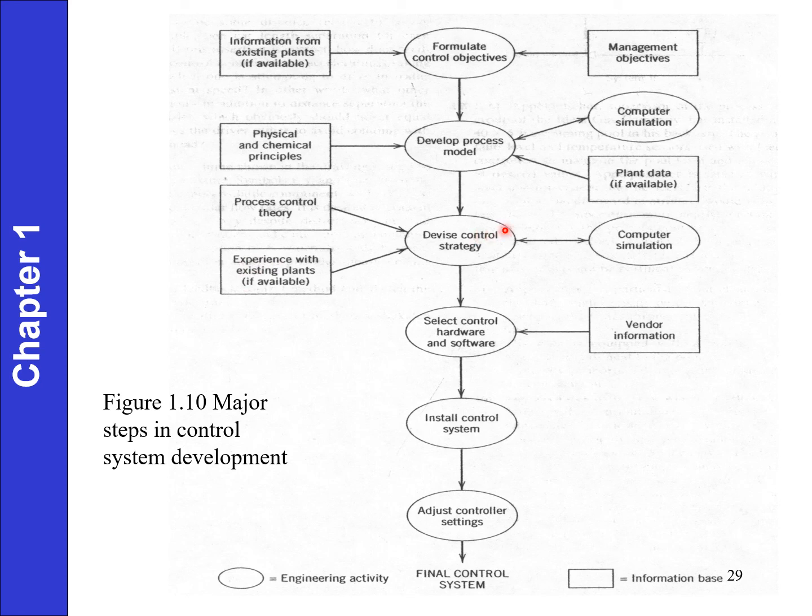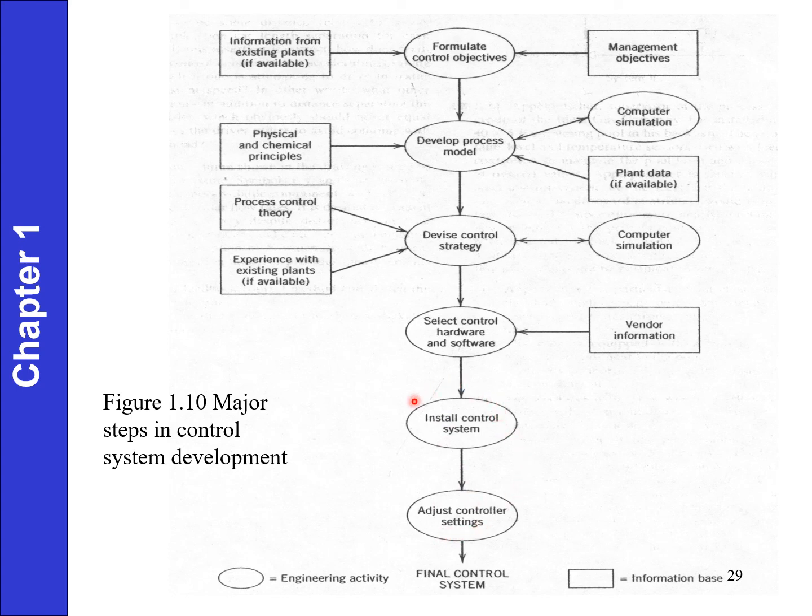Okay, after we develop our control strategy, the next step is that we select control hardware and software, and we get information from the vendor. The next step is that we install the control system, and then we adjust the controller settings.